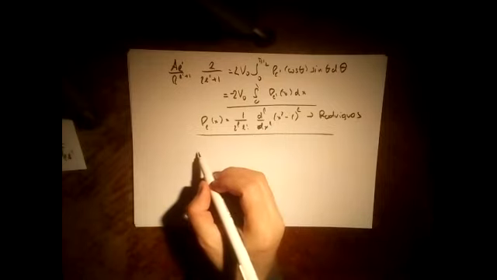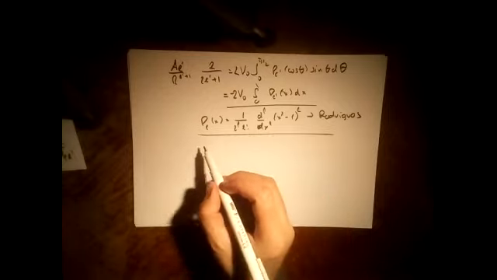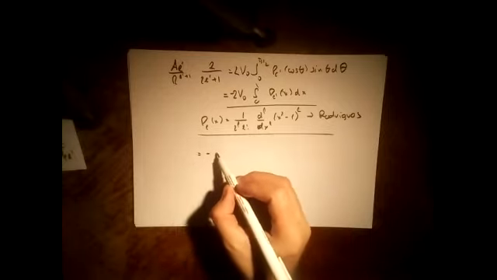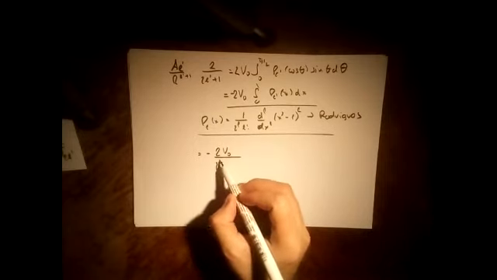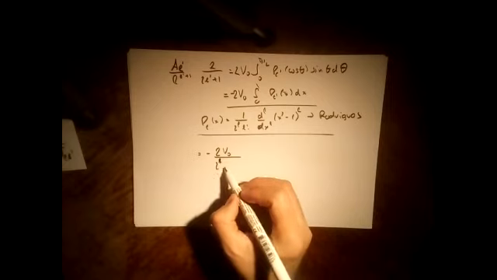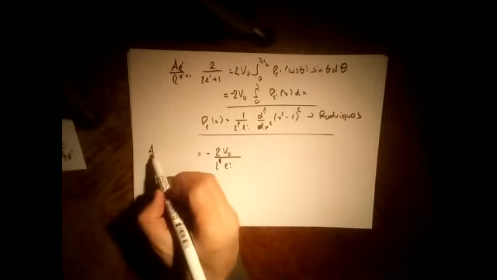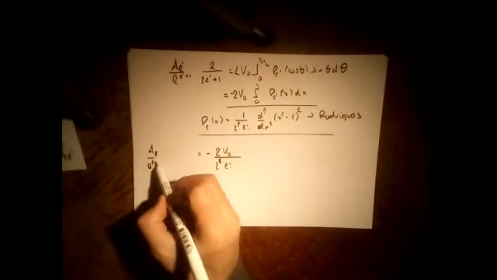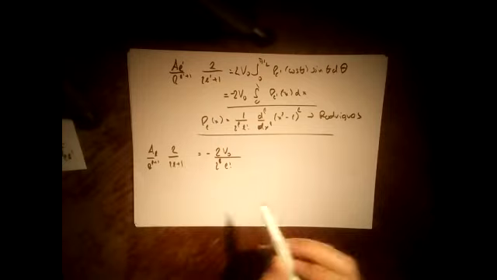In other words, if I put this formula into this, I will have minus 2V0 over 2^L. Let me suppress the prime because it's just easier. So this is A_L over R^(L+1) times 2 over 2L plus 1.